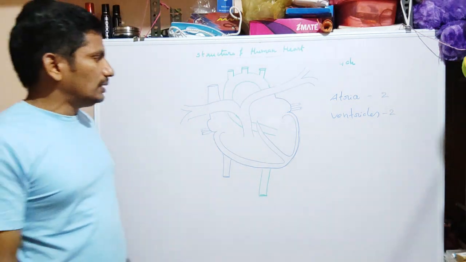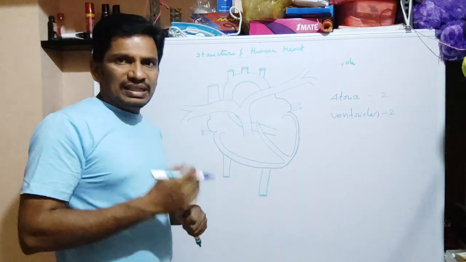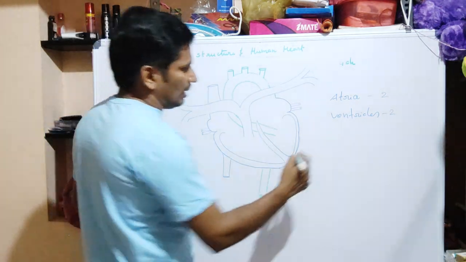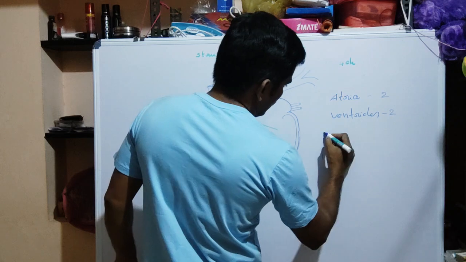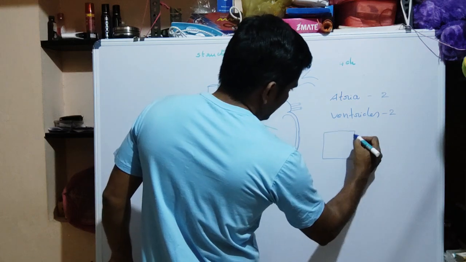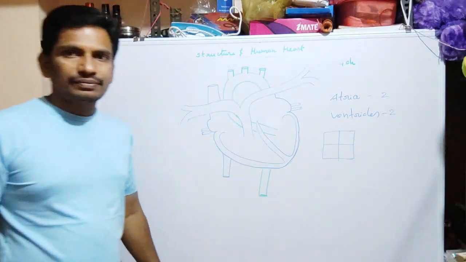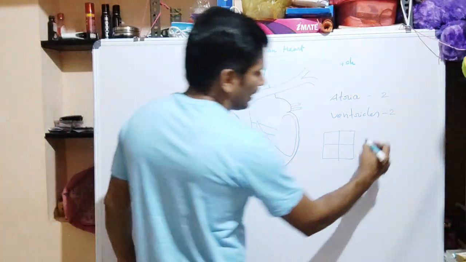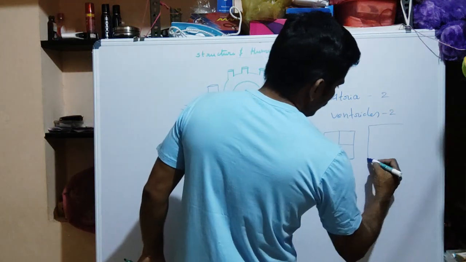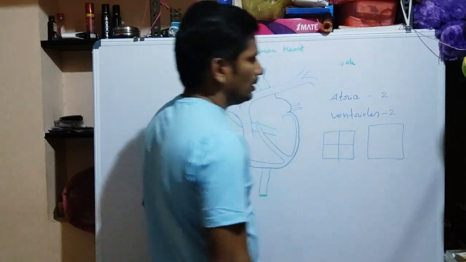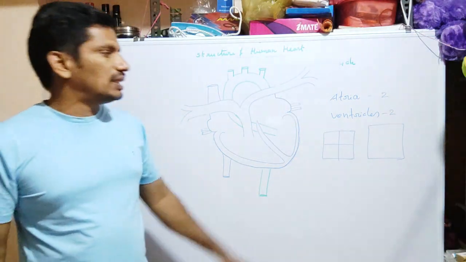Now this is the diagram. For understanding, I am going to draw a schematic diagram of this, very simple like this. Previously, how was it? It's a hollow structure. Got it? That's a hollow muscular structure.